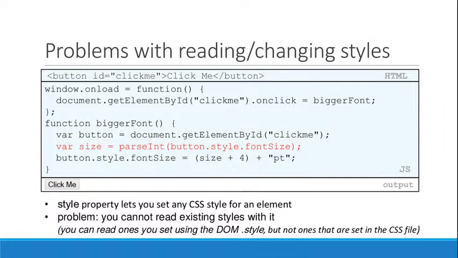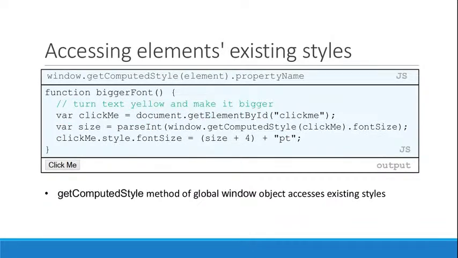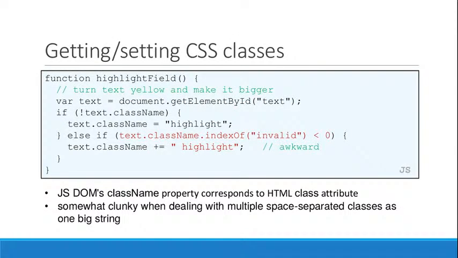Okay, so we have already seen the problems with regards to changing the styles, and how we can access the element's existing styles, so that is what I have just mentioned, and how we can get the css classes. This is actually text processing. We have yesterday seen a simple string manipulation, because you have a string which is the class name of a particular tag or a particular id, and the class name is stored as a string.